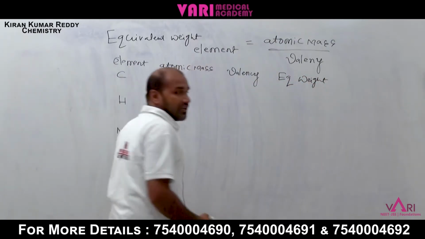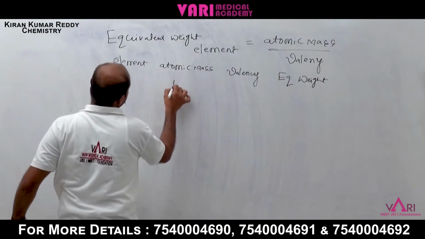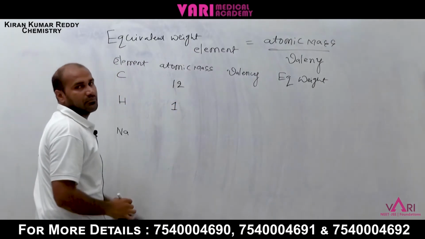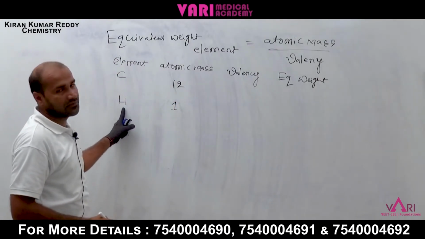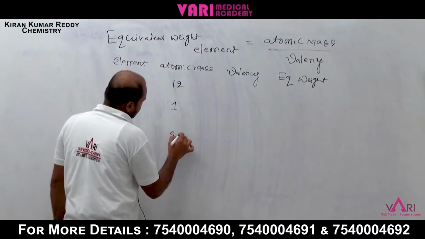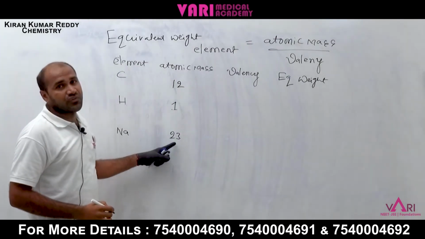Carbon atomic mass is 12. Hydrogen atomic mass is 1. Sodium atomic mass is 23.